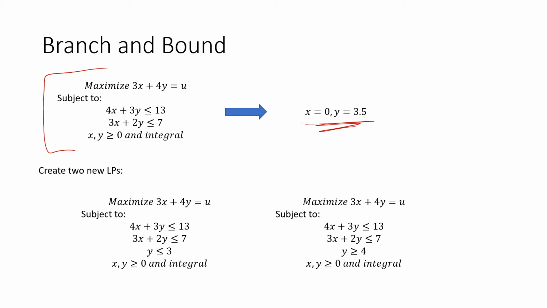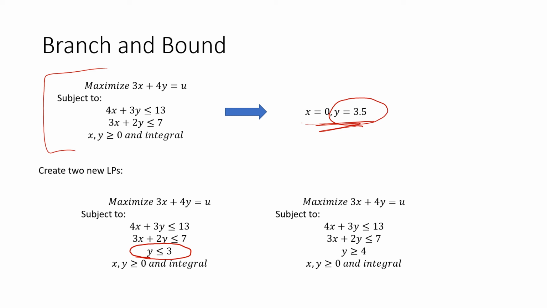So you're going to create two LPs. See, the problem here is that y is 3.5, and it has to be an integer. Well, what does that mean? That means that y either has to be 3 or less, or 4 or more. So we're going to eliminate everything between 3 and 4 with our new programs. We're going to create a second linear program, which is exactly the same, just with the additional constraint y is less than or equal to 3.